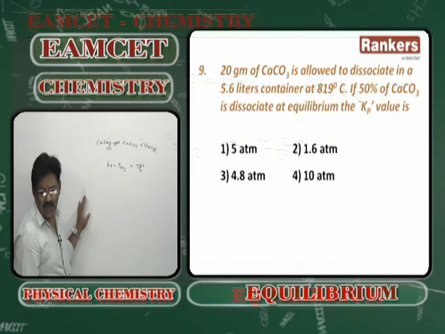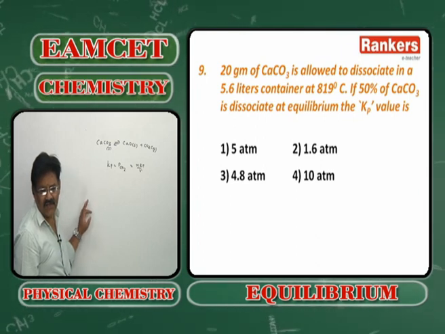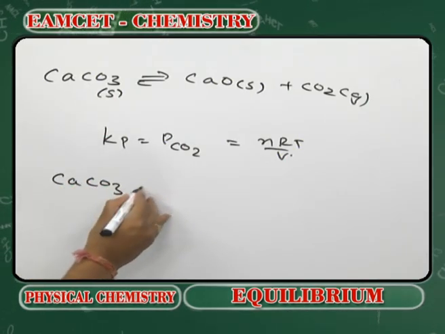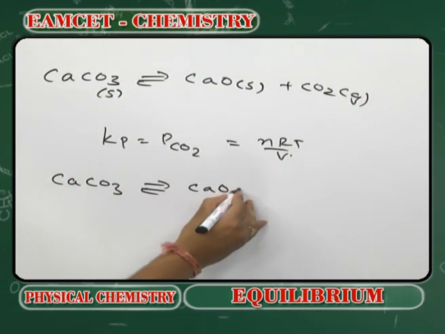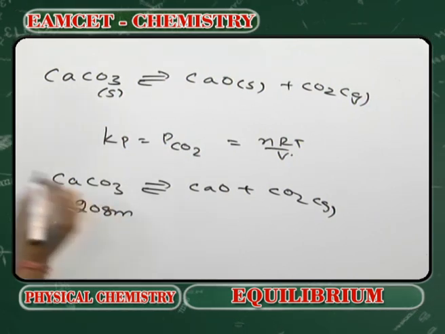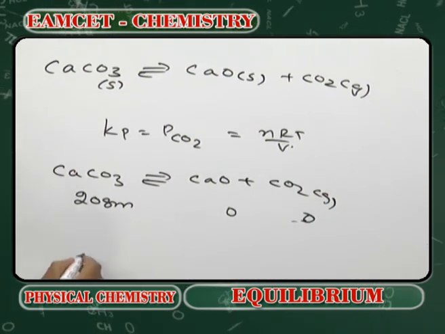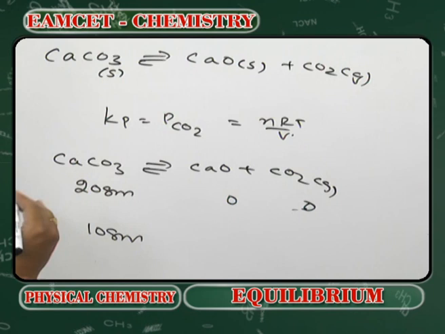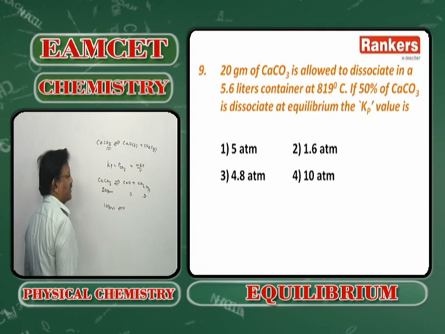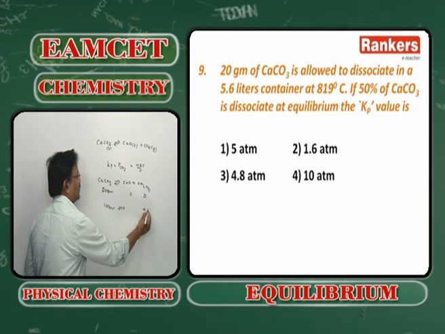Now, 20 grams of CaCO3 is allowed to dissociate in a 5.6 liters container. 50%, what is the initial concentration? CaCO3 gives CaO plus CO2. Initially it is 20 grams, and 0, 0. Finally it is 10 grams.